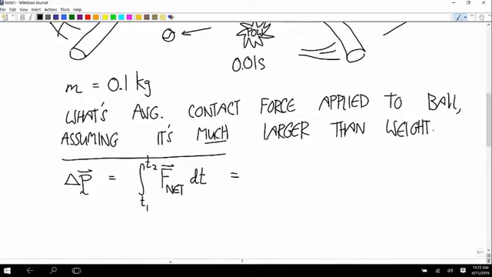At the first instant of contact, it's not a very large force. Then as the ball compresses, that force gets bigger, and as it starts to leave, it gets smaller again. But we're just going to assume that it's constant the whole time with a value of F average. Then this is just equal to the average force times T2 minus T1, which is just the elapsed time.